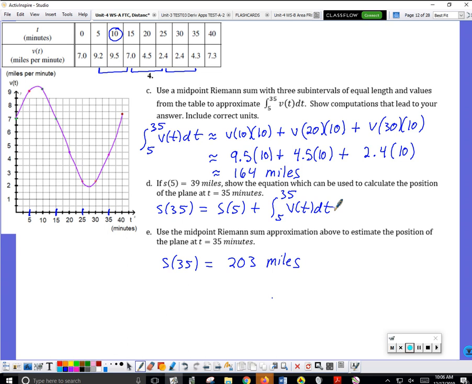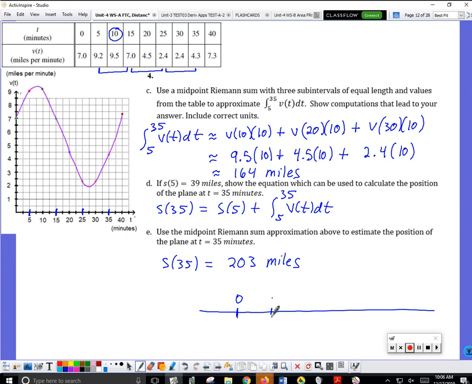Still not. So we're trying to find, you think of it logically, at time 5 the plane is at a position of 39. During the next 30-minute time period, the plane's going to change its position to the right by 203. Here's the origin.